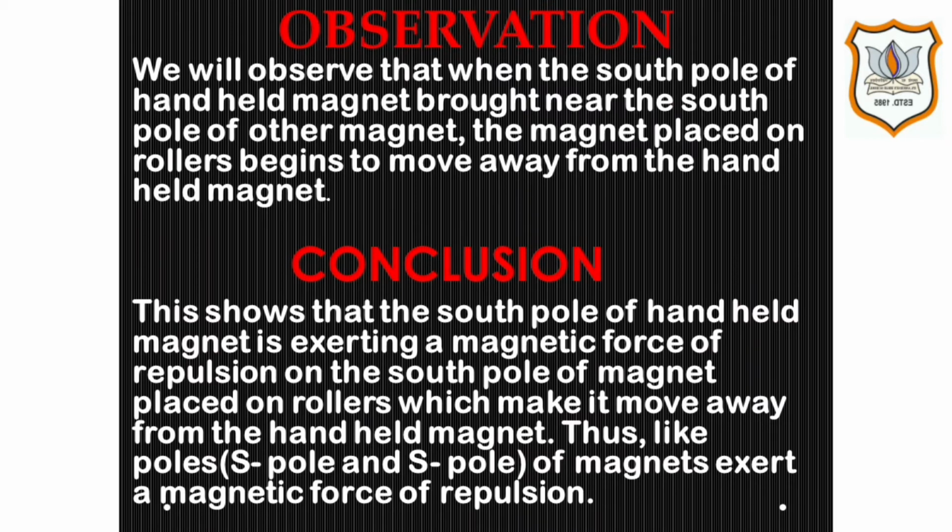And what is the conclusion of this activity? This activity shows that the south pole of the hand-held magnet is exerting a magnetic force of repulsion on the south pole of the magnet placed on rollers, which makes it move away from the hand-held magnet. Thus, we can say that like poles, that means south pole and south pole of magnets, exert a magnetic force of repulsion.